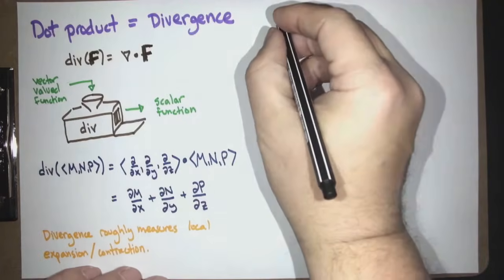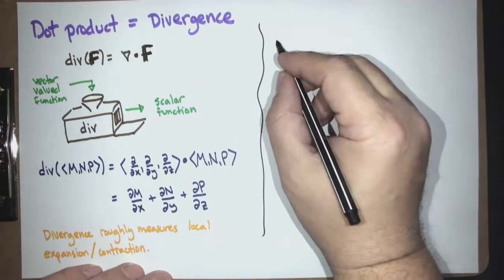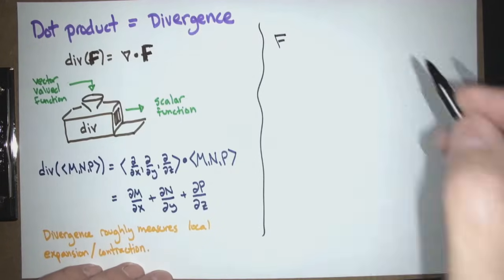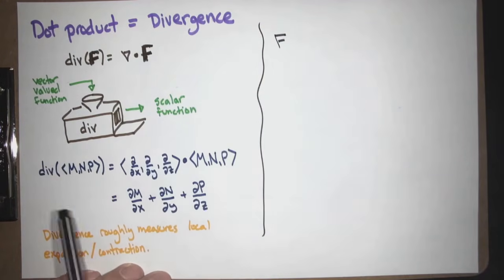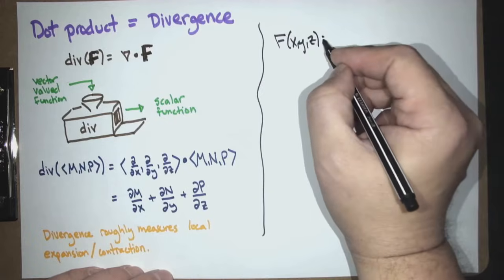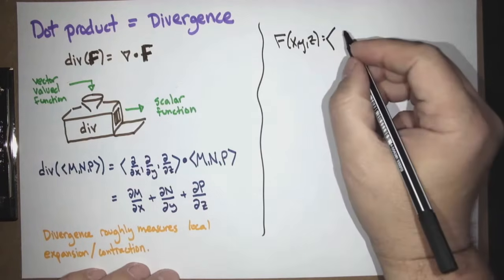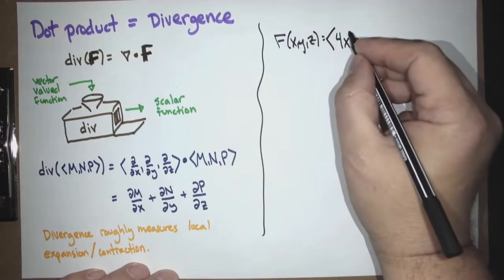Okay, so let's make up an example. Let's make a vector valued function f. You want 2D or 3D? I wrote 3D, but 2D works as well. Going 3D, someone said. F of x, y, z. Okay, what function do you want in the first slot? 4x cubed.